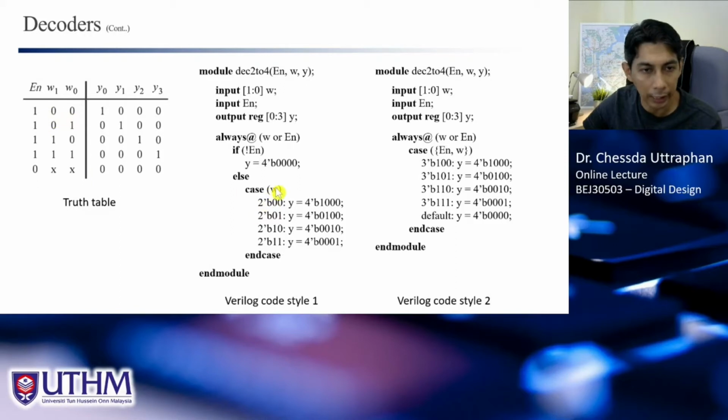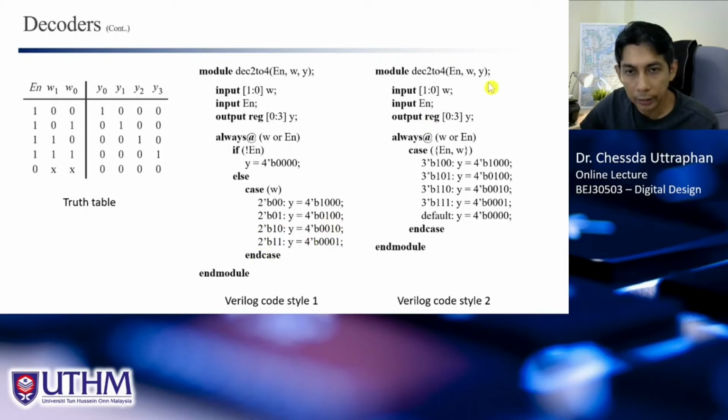So we can use case W. If 0 0, the output Y will be 1 0 0 0, and Y we declared here as a 4-bit number, which starts from Y0 to Y3, right? And with 0 1, we have 0 1 0 0, until we have this, and case done, right?